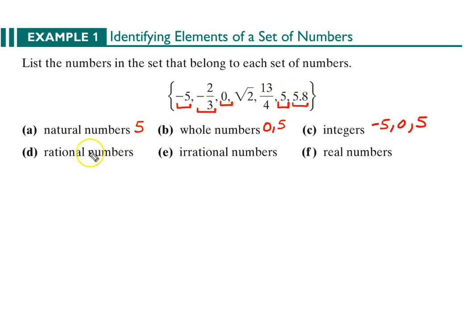So all of these then written for rational numbers. Put them in your notes. Now for the irrational number, the only one here, and I'll change colors for that, is this one, the square root of 2. And for real numbers, it's all of these are on the number line.